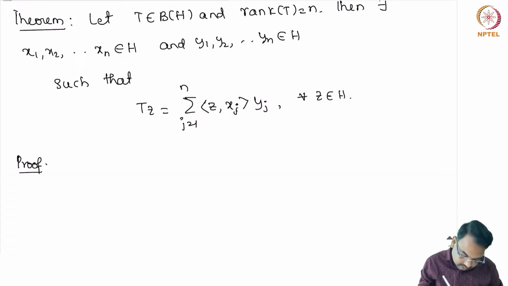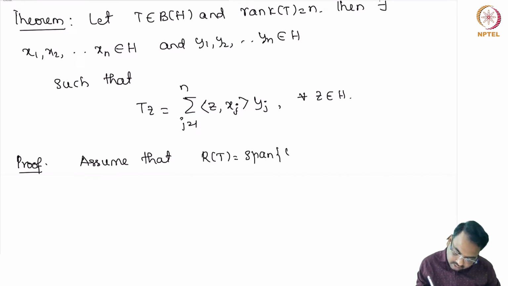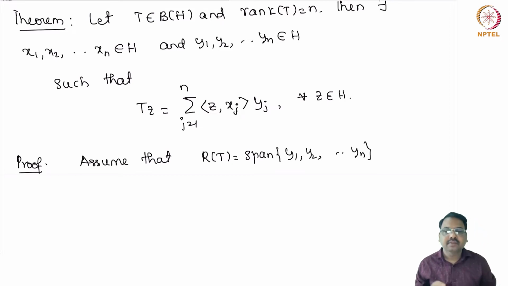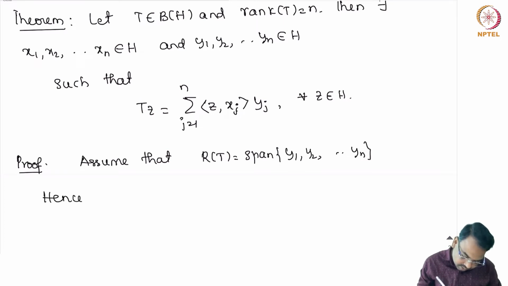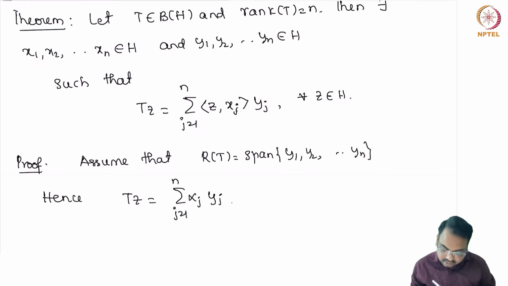Assume that since the rank of T is n, the range of T is spanned by n vectors y1, y2, and so on up to yn. Hence we can write T of z as the summation of alpha_j yj, j equal to 1 to n.